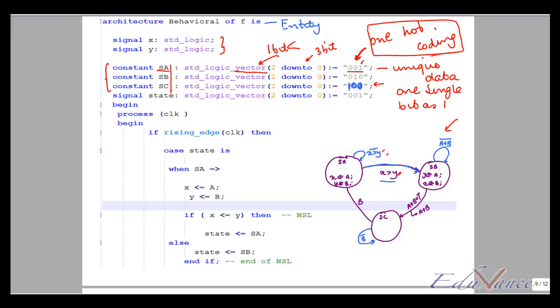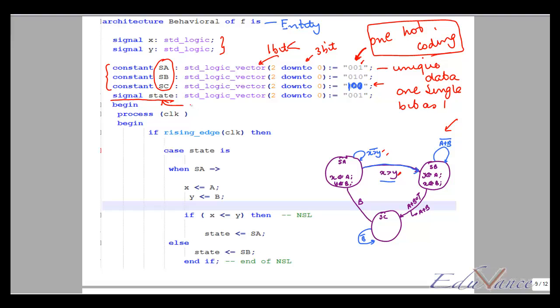Now, that said, these constants are just numbers, but you need a signal which can take these constant values, and hence you will define a signal called state. Please understand, this word state is not a keyword.